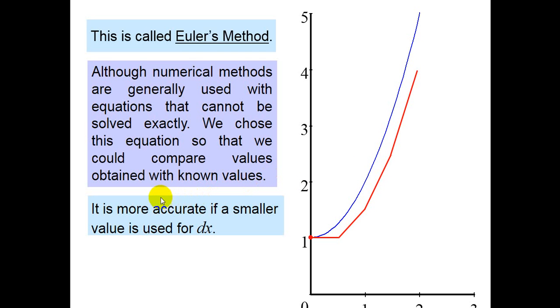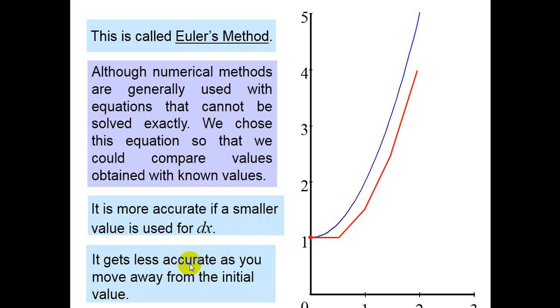It's more accurate if a smaller value is used for dx. In this example, our dx is equal to 0.5. If it is a smaller value, less than 0.5, for example 0.1 or 0.2, it will be more accurate.